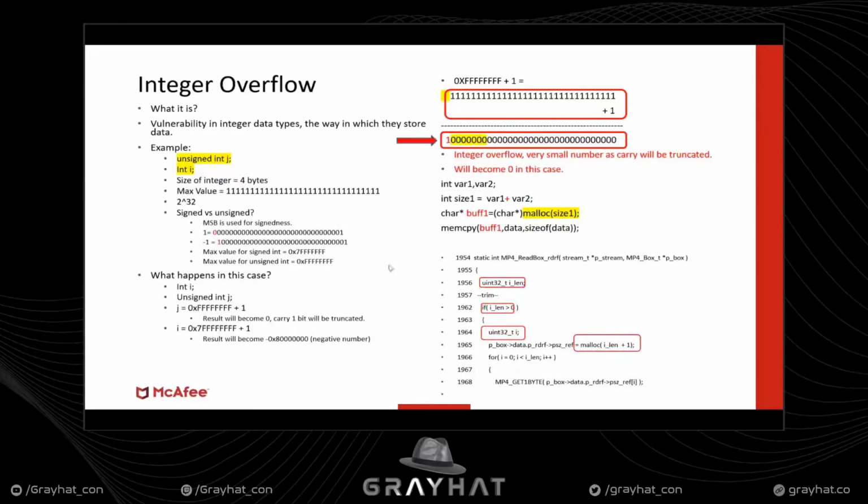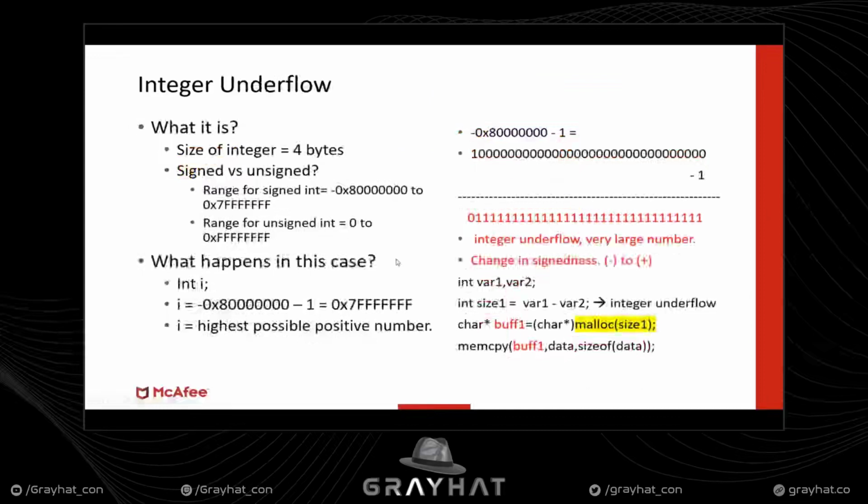Now let's move on to the next topic and see what an integer underflow is. As we have seen in the case of integer overflow, the size of an integer is 4 bytes, and the range for a signed integer is from -80000000 to 7f.